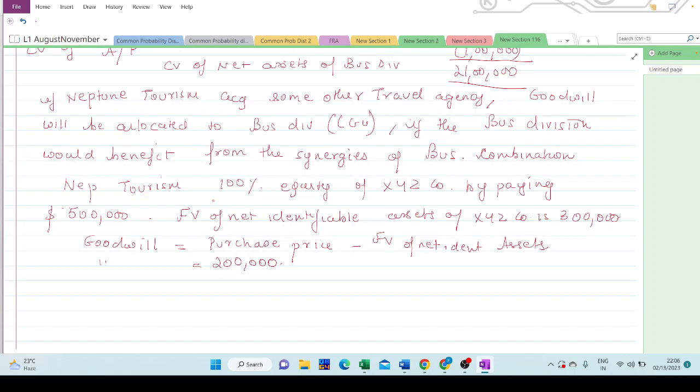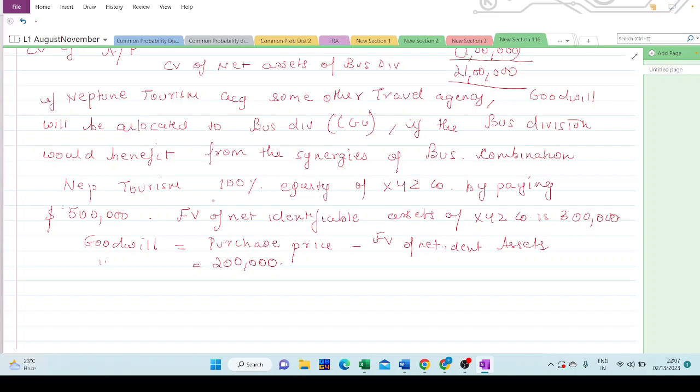So Neptune Tourism believes that the bus division is expected to benefit more than the room division. Its revenue would increase more, and its cost would decrease as a result of this business combination.